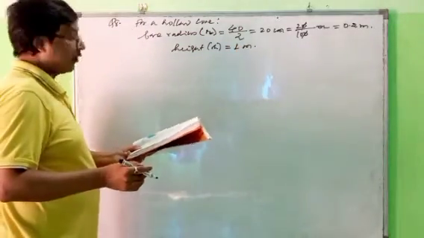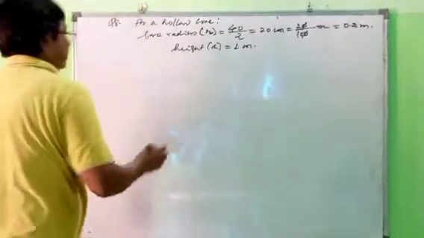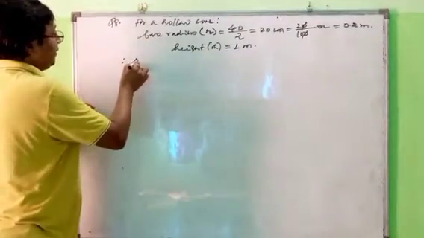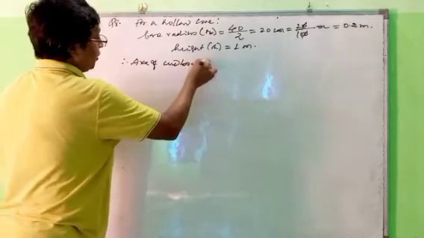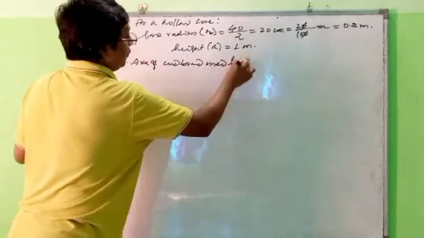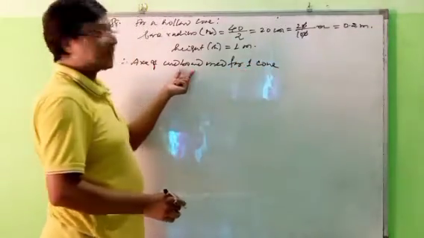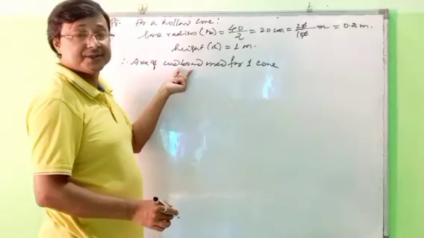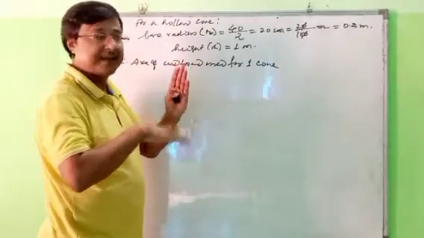Now you are going to find out the curved surface area of a cone. So the area of cardboard used for one cone: for a single cone, how much cardboard is used? They use the cardboard only over the curved surface part, not the base part.